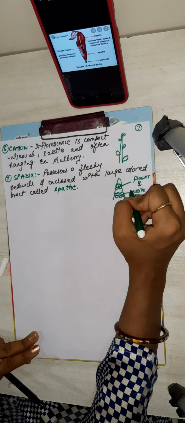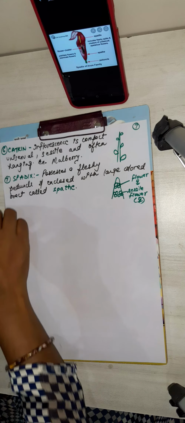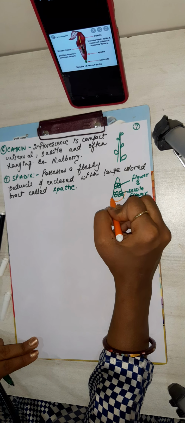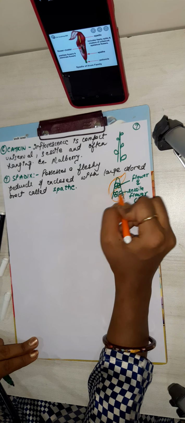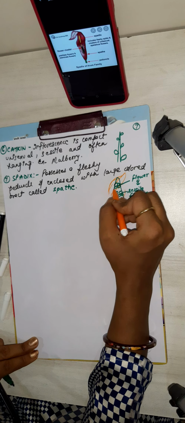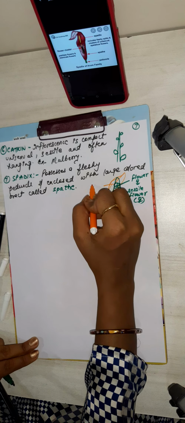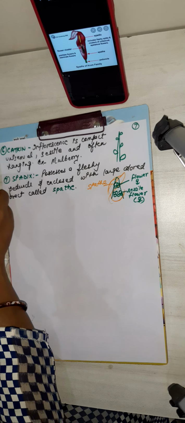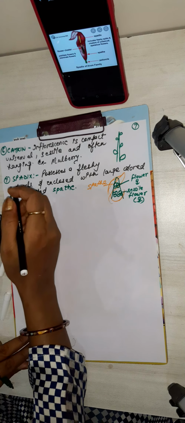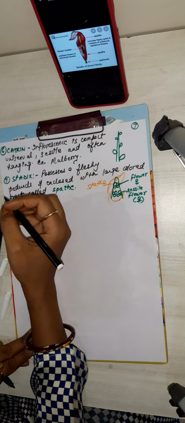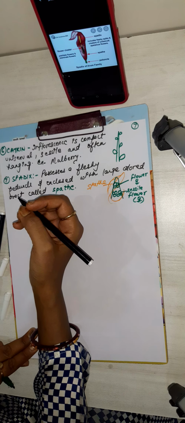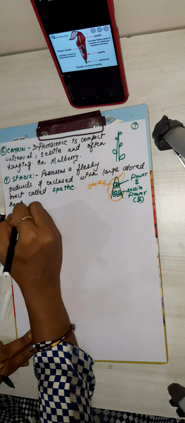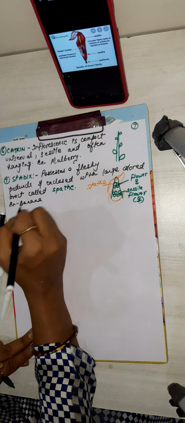It is also sessile and it is covered with spathe. Okay, it is covered with spathe. You can write lower part of the peduncle poses. No need to write. Okay, example is banana.